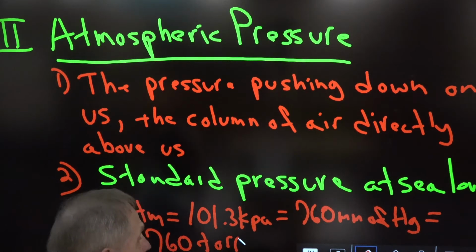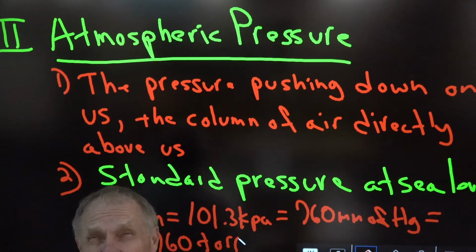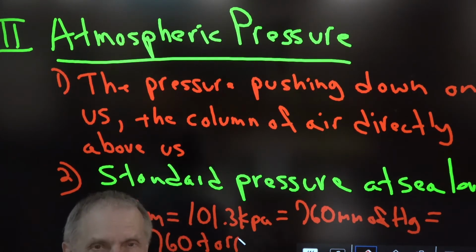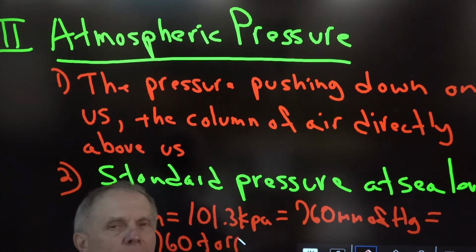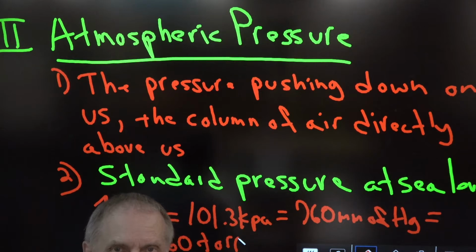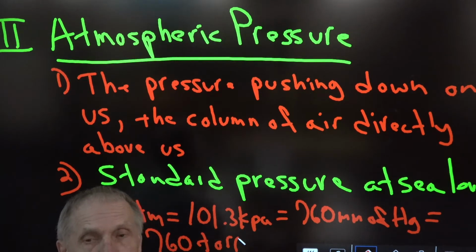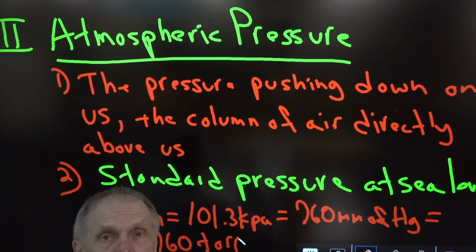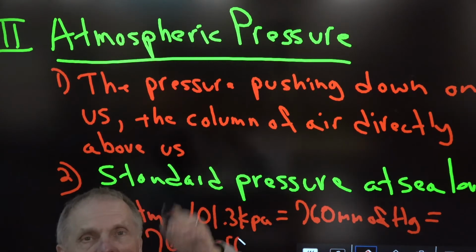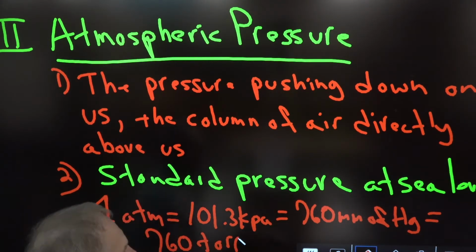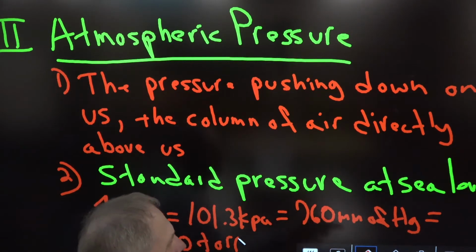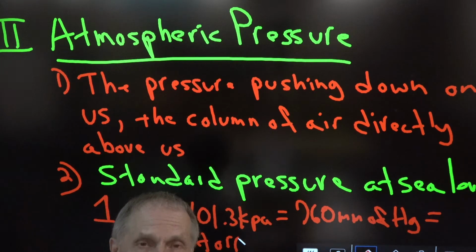Well, this guy about 1620, his name was Torricelli, and he figured out how to make a barometer using mercury. So he found out that the air pressure pushing down caused mercury to stay in this elongated tube, and when he measured it, it was somewhere right around 760 millimeters of mercury.